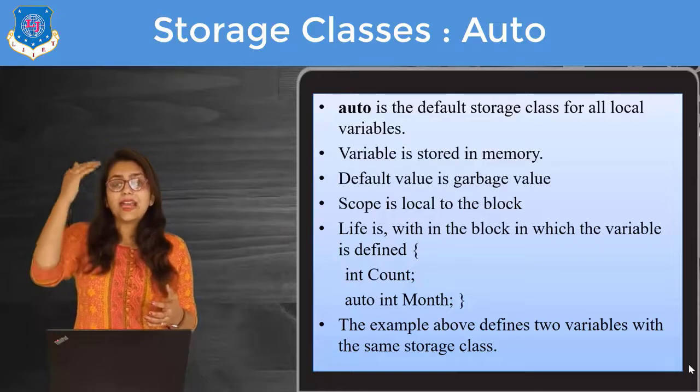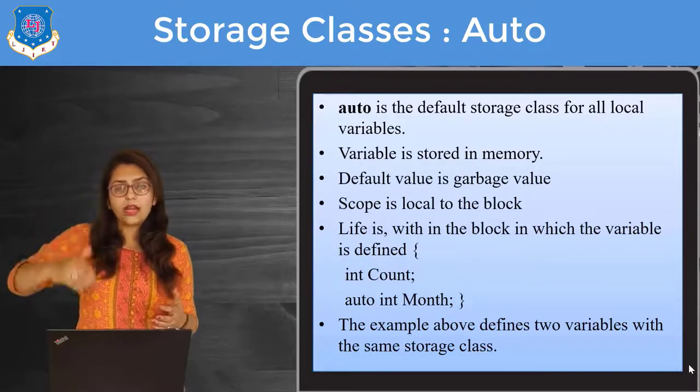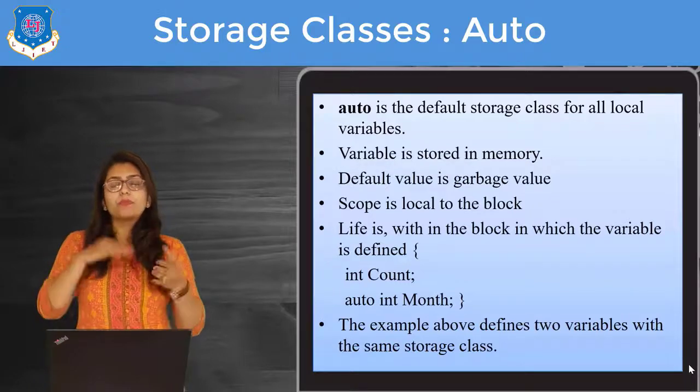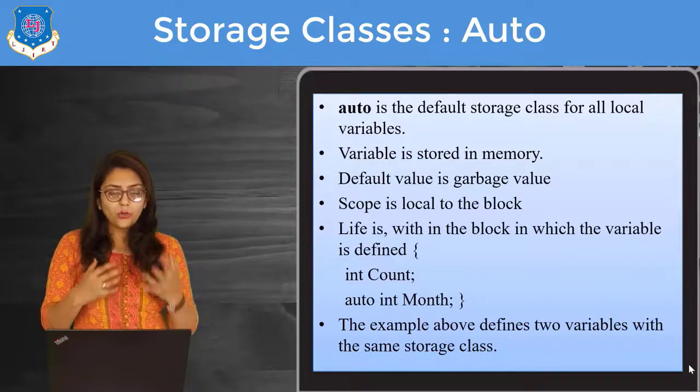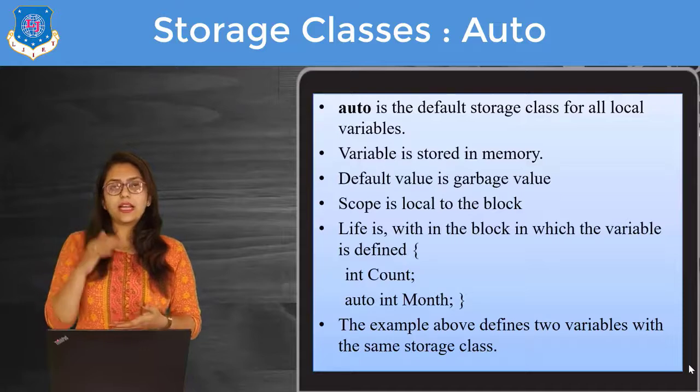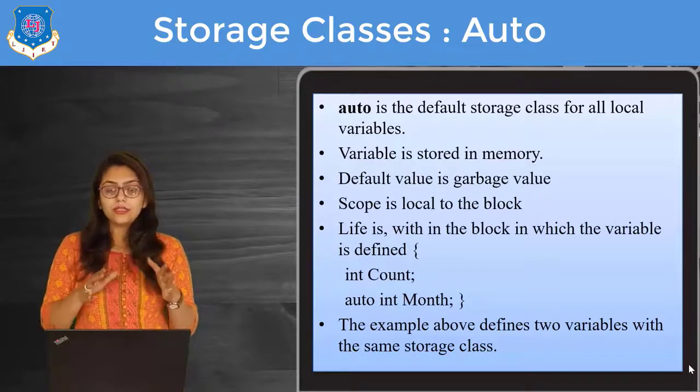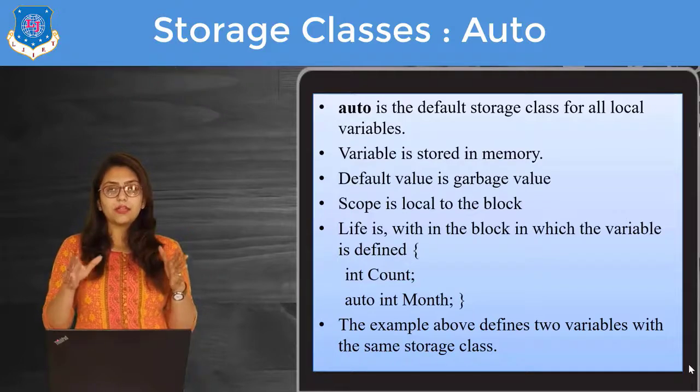It cannot be accessed beyond main, like inside any other functions. So the scope of the automatic storage class is only the block in which it is declared, and its life is with the block in which the variable is defined.